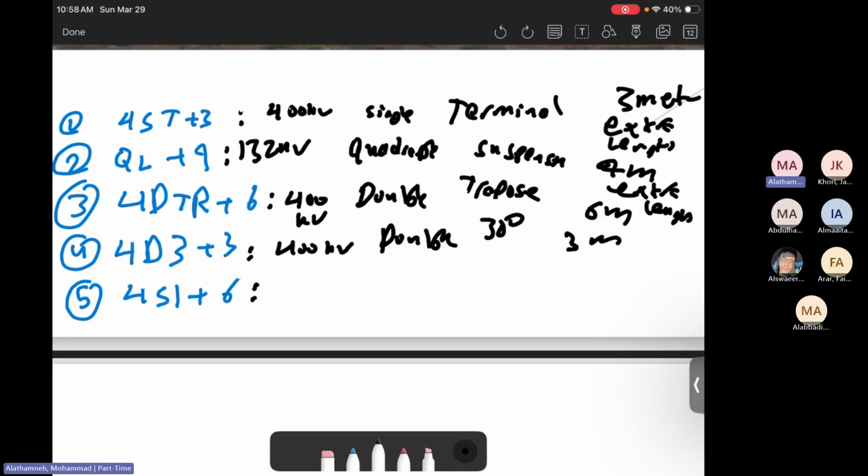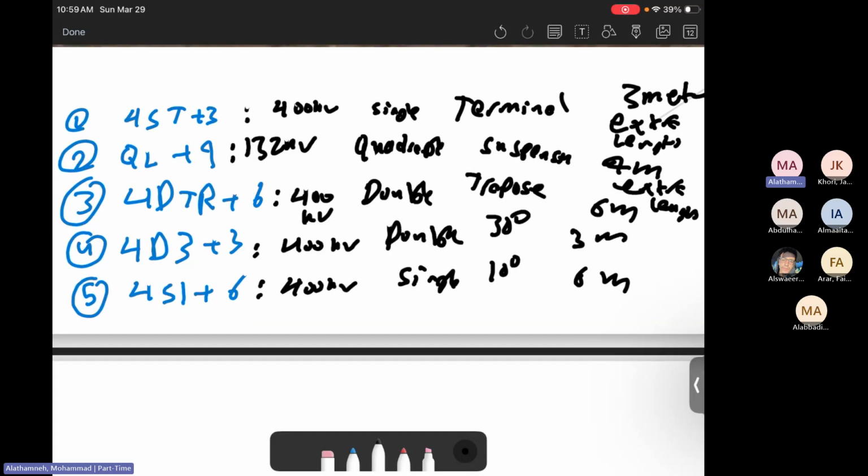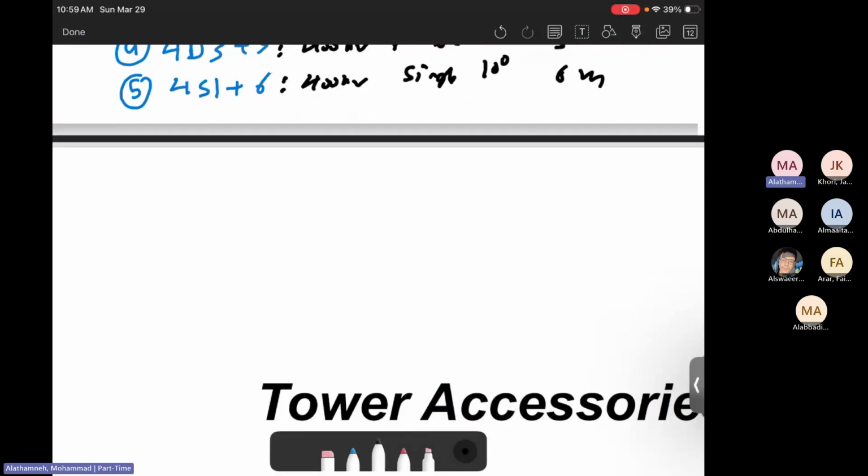The last one, 400 kilovolts, single circuit with 10 degrees deviation, and there is a 6 meters extra length. Okay, so you must know all of these notations. It's mandatory that you distinguish between all of them.